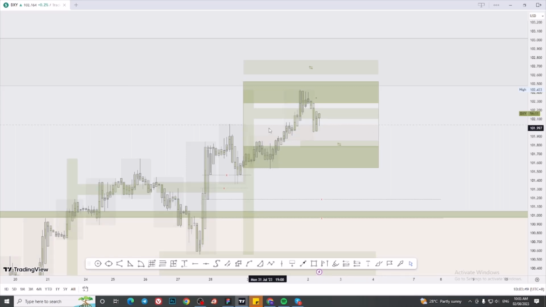If DXY will dump, your pair on USD, on your EUR or whatever pair, will also dump. If DXY will fly, your EUR or other pair will also do the opposite thing.